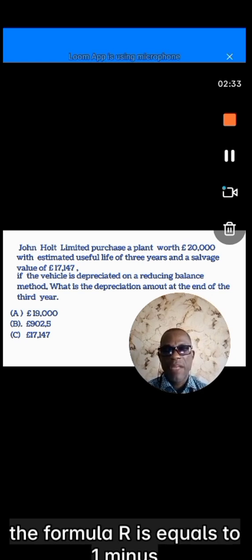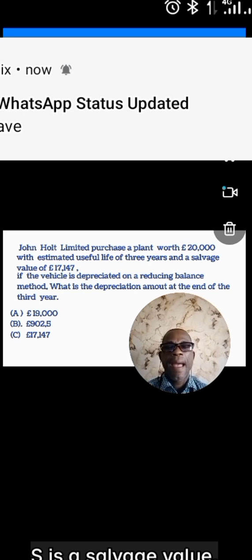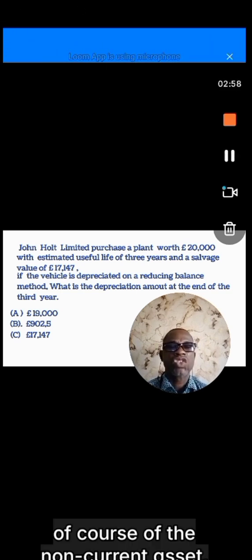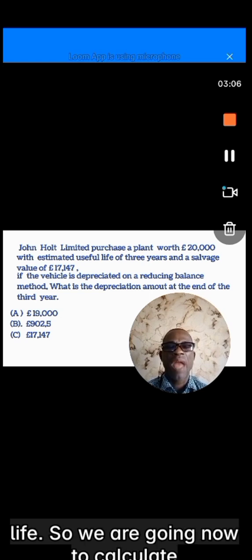The depreciation rate is calculated by the formula R is equal to 1 minus scrap value over cost, raised to power 1/n, where R is the depreciation rate, S is the salvage value, C is the cost of a non-current asset, and N is the estimated useful life.